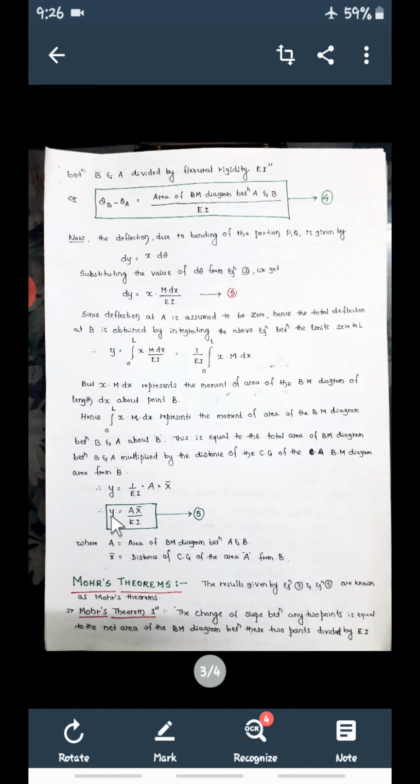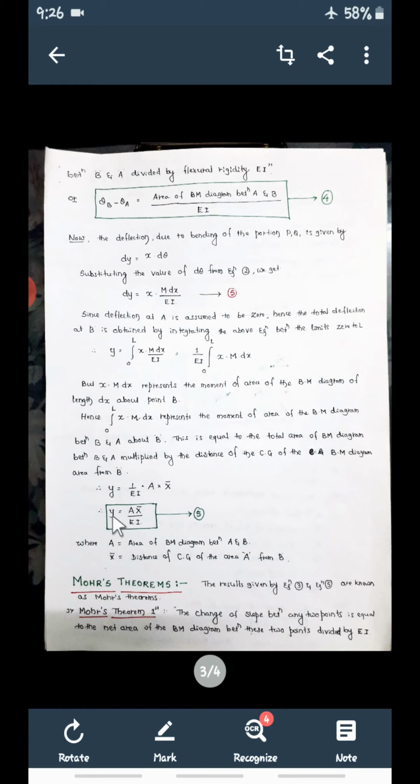So y means deflection, theta means slope. It is A into x bar divided by EI. What is E? Young's modulus of elasticity of the material. I is the moment of inertia. So these equations will be important: equation number 3 and equation number 4, and equation number 6. From equations 3 and 4 we can find the slope, and from equation number 6 we can find the deflection.